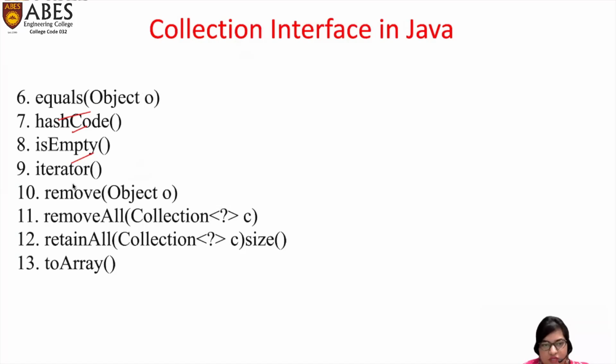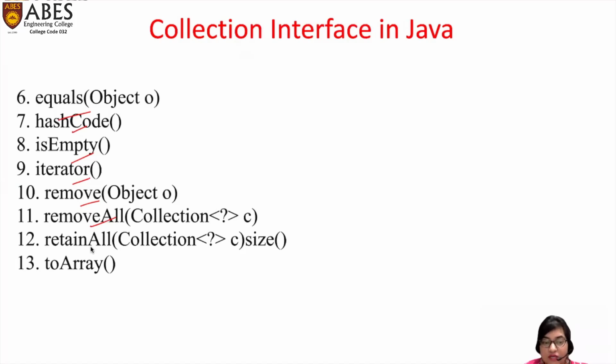Then we have the iterator method. The iterator method returns an iterator over the elements in the particular collection. Then we have the remove method. Remove method, as the name suggests, I already discussed in the Iterator interface. The remove method removes a single instance of the specified element from the collection. Then we have the removeAll method. The removeAll method removes from the collection all the elements that are also contained in the specified collection.